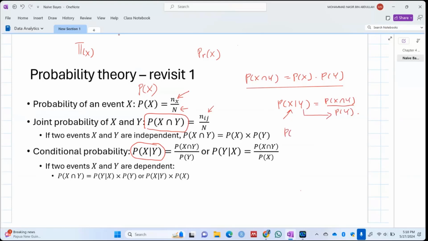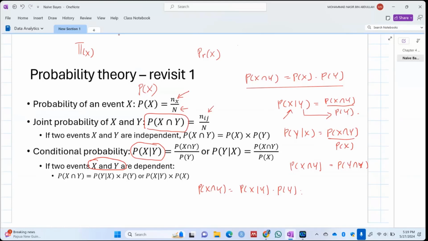So let's say another example, probability of Y given X should be probability of X intersect Y divided by probability of X. And probability of X intersect Y is also equal to probability of Y intersect X. It's the same thing, right? So probability of X intersect Y will be equal to probability of X given Y multiplied with probability of Y. So how do I get the formula?